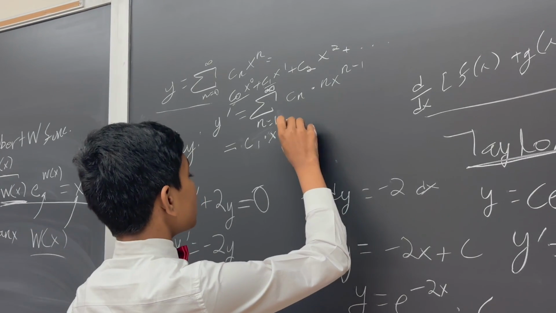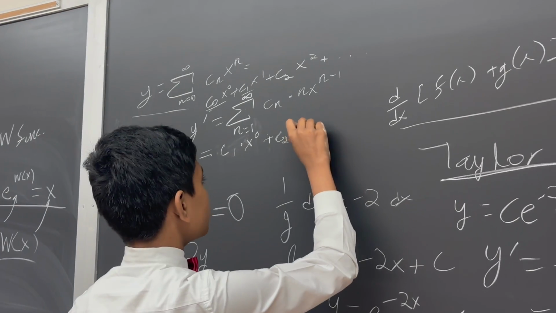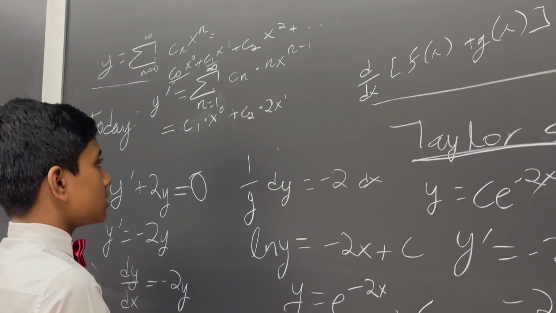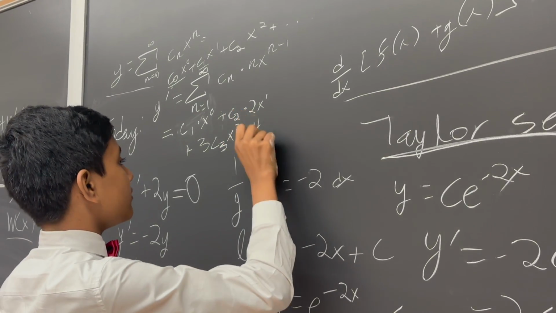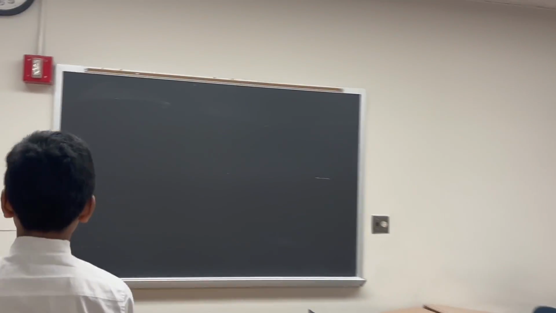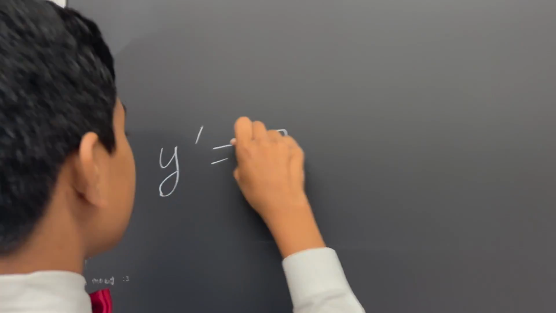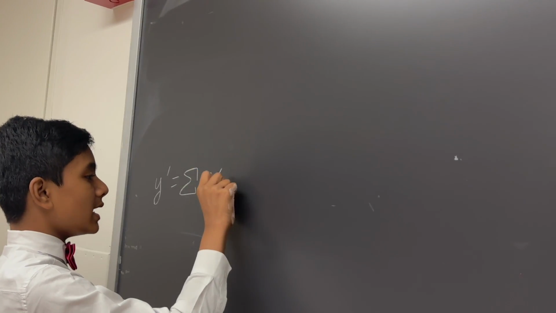We get plus C2 times 2x to the first, plus 3C3 x squared plus 4C4 x cubed, and so on and so forth. So now the effort begins to try and find a pattern. So we get y prime is equal to the sum of n Cn x to the n minus 1.